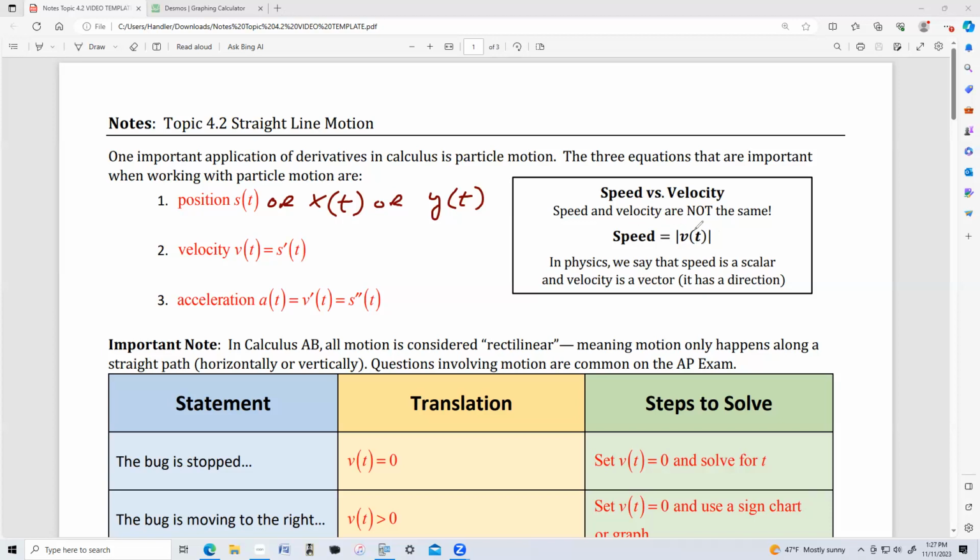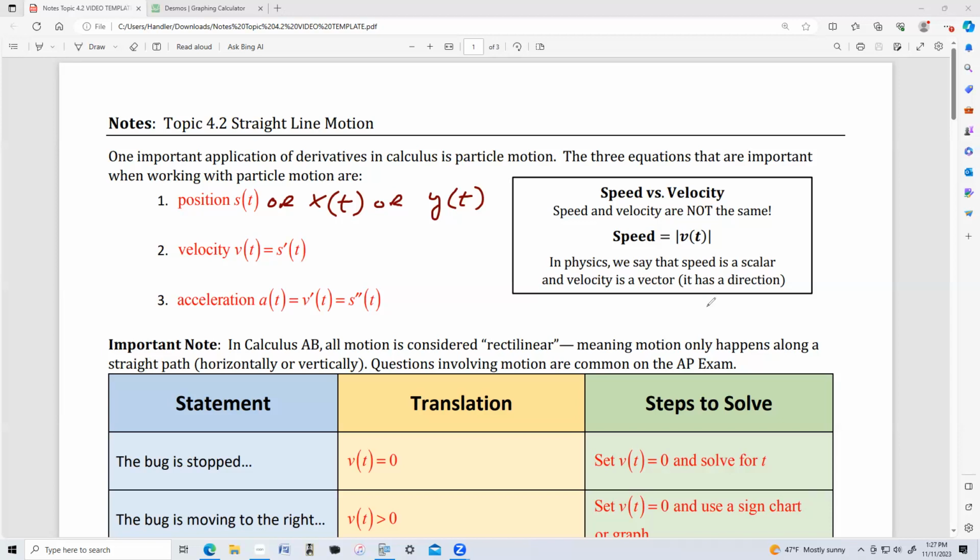Side note: speed and velocity are not the same. Speed is the absolute value of velocity. So in physics, we say speed is a scalar and velocity is a vector. Velocity has a direction, positive or negative. The negative directions would be left or down, and speed strips away the sign. So you would just say, officer, I was going 75 miles per hour, if you were heading east.